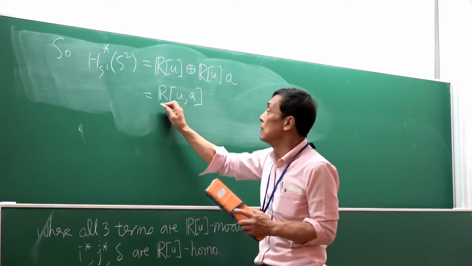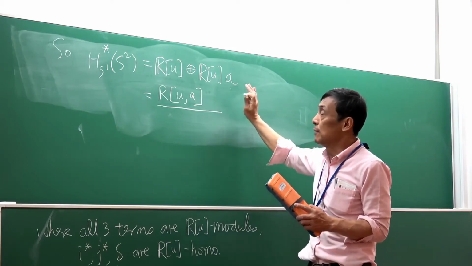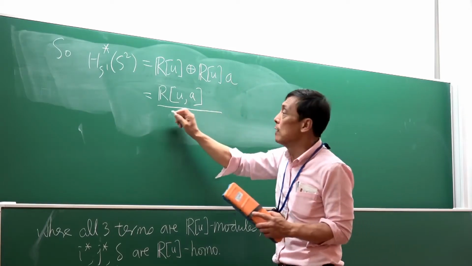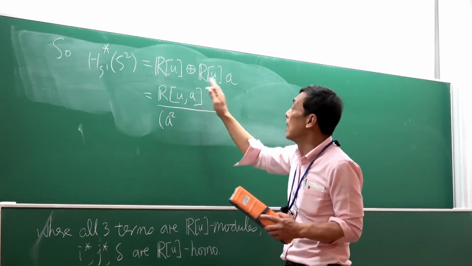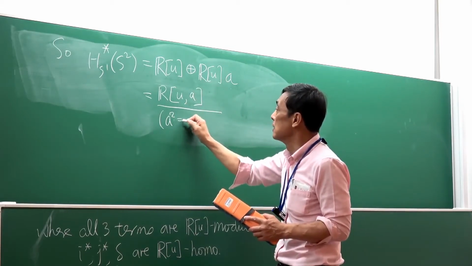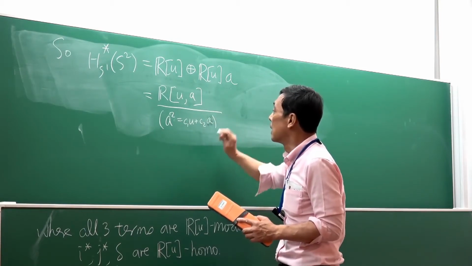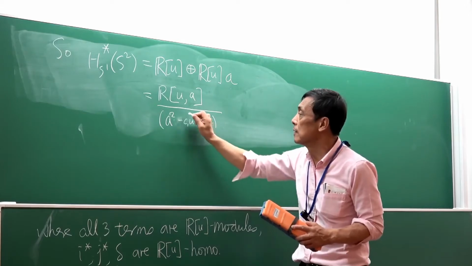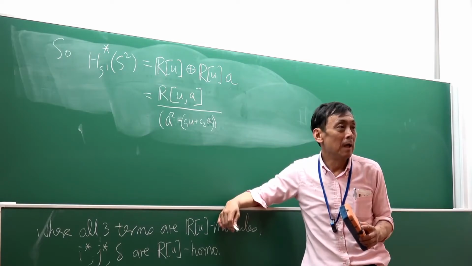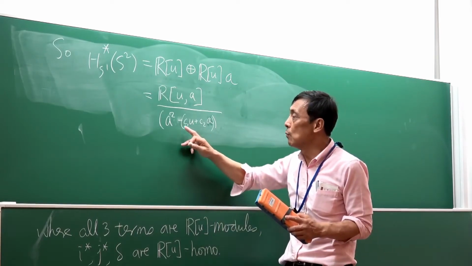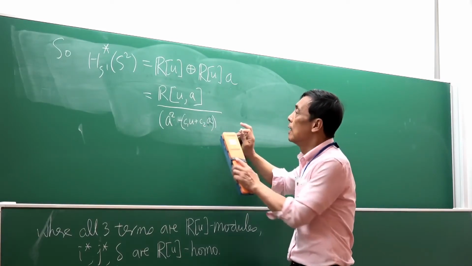Okay. However, you don't have A square. So A square should be a linear combination of U and A. So you should have a relation like this. Now, once you know what C1 and C2 are, no, just a minute.